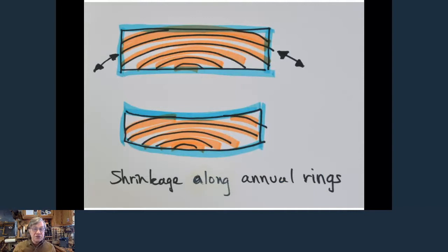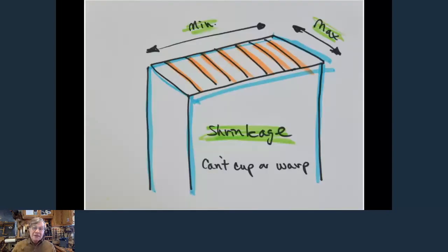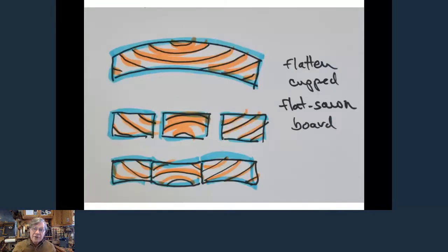And again, here's a little graphic of shrinkage along the annual rings or towards the outside of the tree. Here again, quarter sawn can't cup or warp. And when we're talking about flat sawn boards, wide boards, people will tend to rip them into smaller pieces, trying to avoid some of the tendency for them to cup.